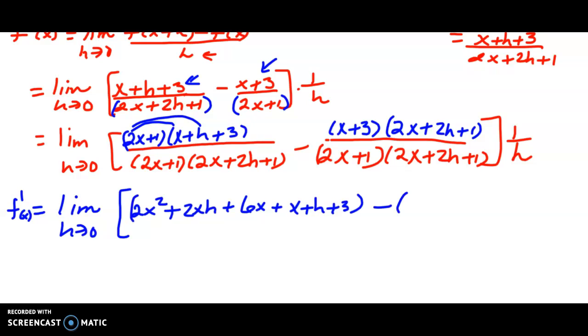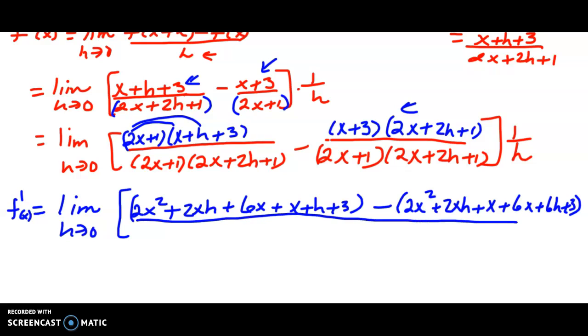Minus, now I'm going to multiply out these numerators, so I'm going to get 2x squared plus 2xh plus x plus 6x plus 6h plus 3. I'm running out of room here. All over my denominator, 2x plus 2h plus 1. And don't forget that I have a 1 over h that I'm going to squeeze in there.